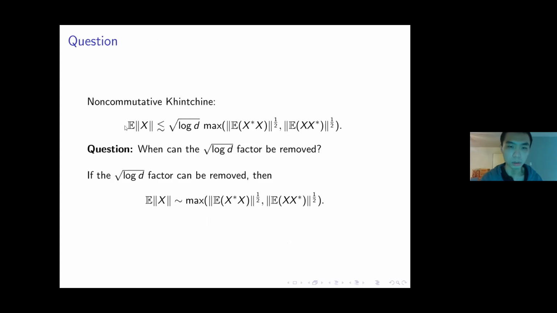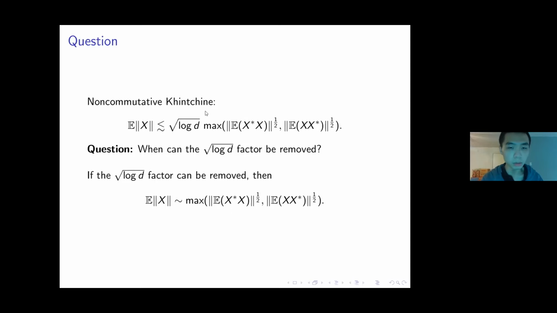Let me restate the non-commutative Khintchine inequality. What I'm interested in is when can we remove this square root log D factor? If we can remove it, then for the expected spectral norm we get a sharp estimate, up to a constant equivalent to this quantity.